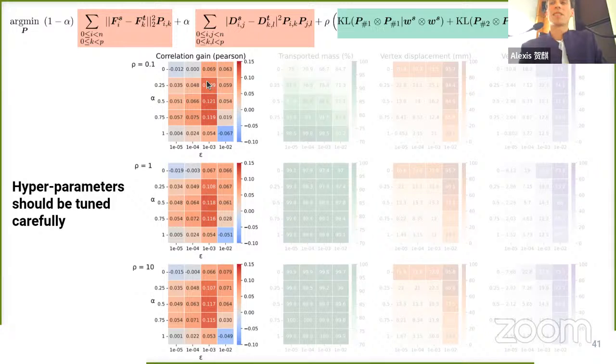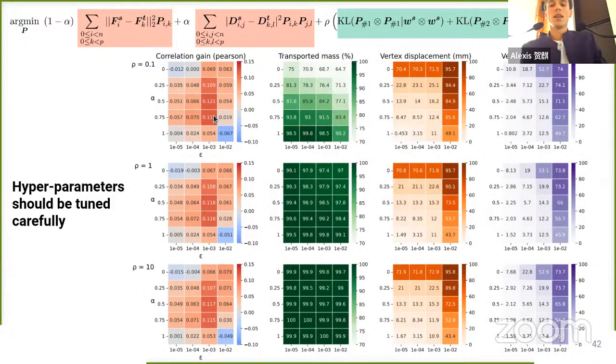However, the maximal gain in terms of correlation is only observable if you tune these hyperparameters correctly. There are many other variables of interest than correlation gain, but the idea that non-trivial values are needed is of crucial importance here.